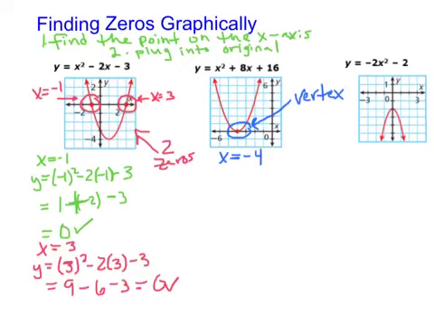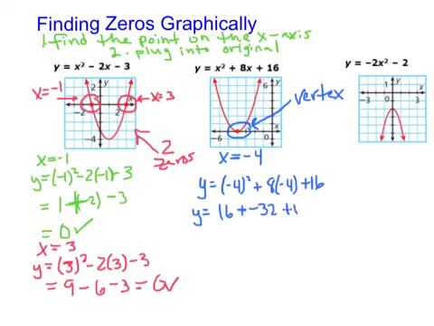So let's go ahead and try this one. y equals -4 squared plus 8 times -4 plus 16. So we get y equals positive 16 plus -32 plus 16. Our commutative property lets us add in any order, so we can say 32 plus -32 and we can see that y is equal to 0.